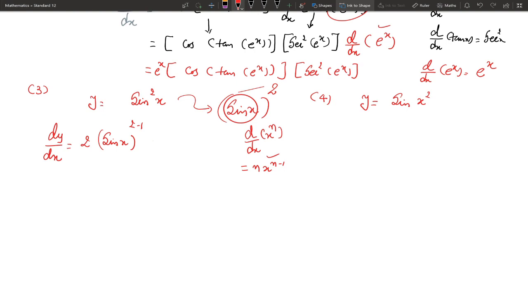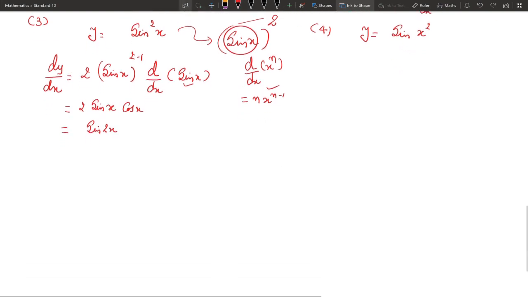So by chain rule we have to differentiate d by dx of sin x. So now simplification, this is 2 sin x, the derivative of sin x is cos x. So 2 sin x cos x, you can write it as sin 2x.